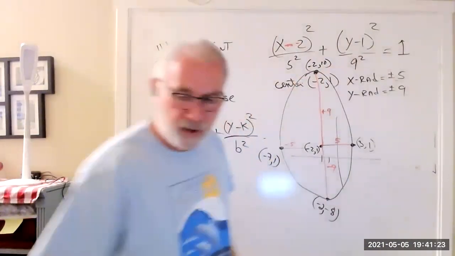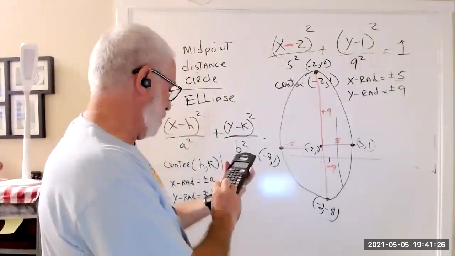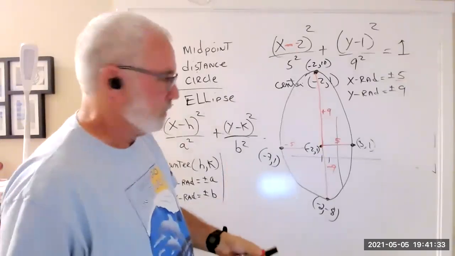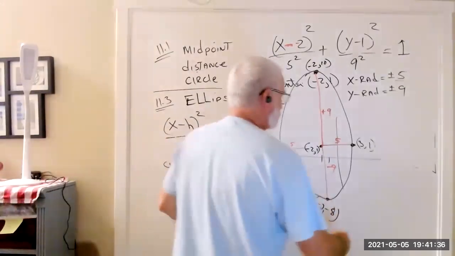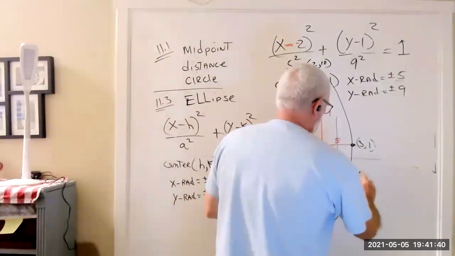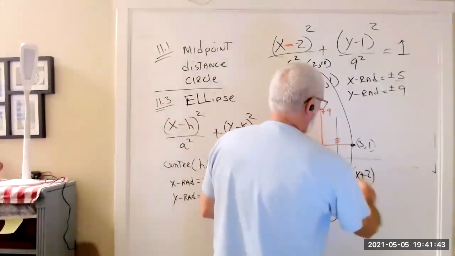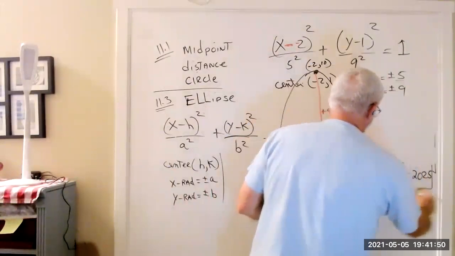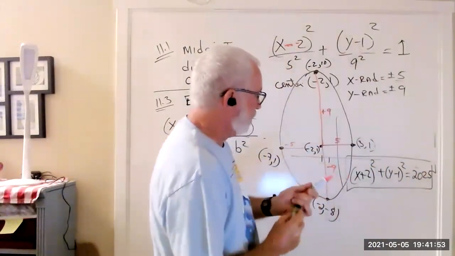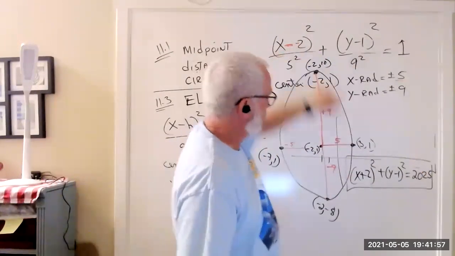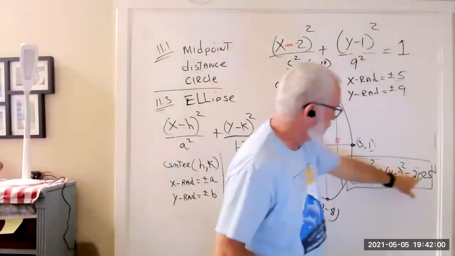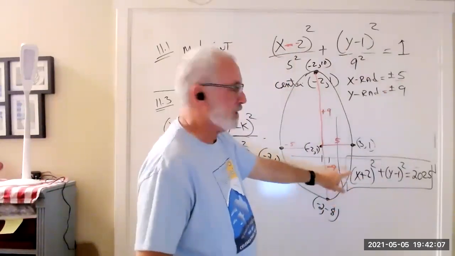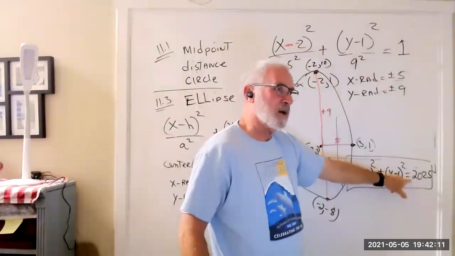If somebody wrote X plus 2 quantity squared plus Y minus 1 quantity squared equals 2025, that's the same problem as this one, except you have no idea what the X radius and Y radius is.